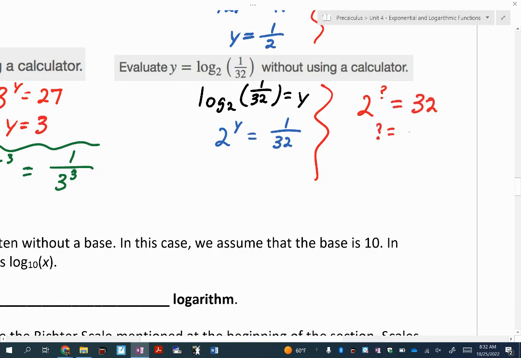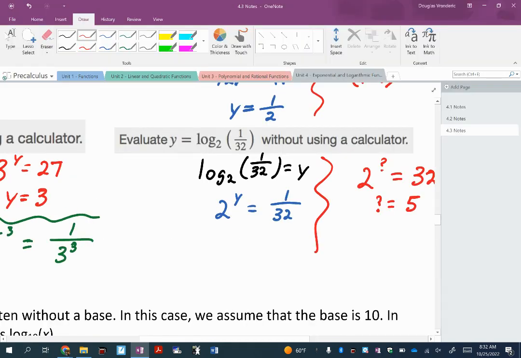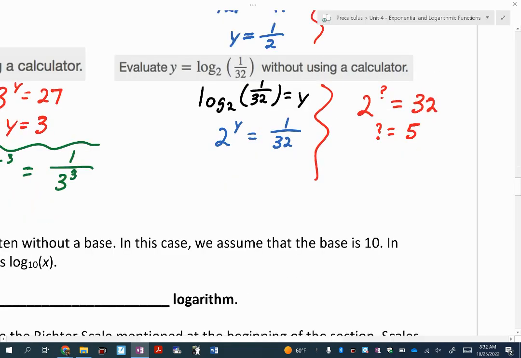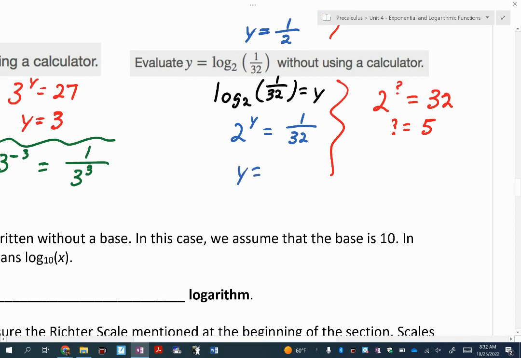And that question mark would be 5. 2 times 2 times 2 times 2 times 2, so 5 of them would give you 32. But again, because it's 32 in the denominator, my answer needs to be a power of -5. All right, so that's how I do those without a calculator.